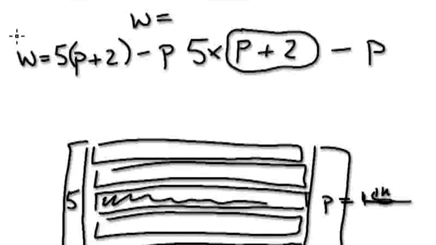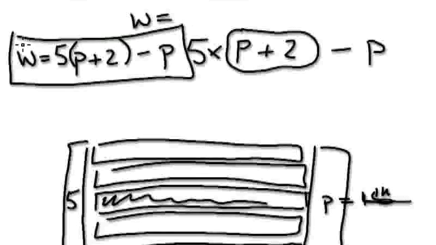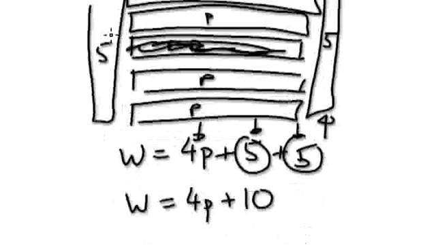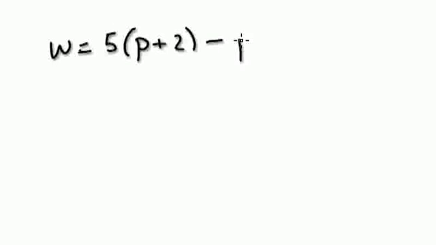Here's another way of doing it. It's quite interesting. So one way is we said P plus 2 and then times 5, and then take away P. Our first way was we start with P and then we make a copy of that 4 times.